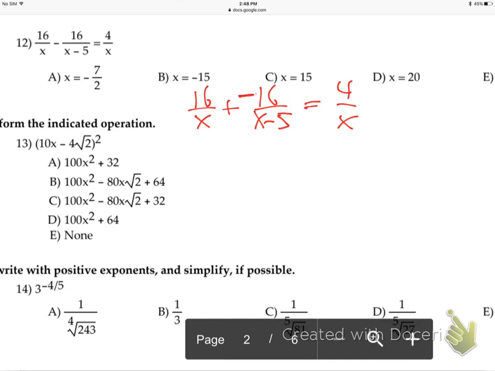Never subtract, multiply through by the common denominator. What is the common denominator? X minus 5. Is that good? Multiply through by the common denominator, x minus 5, all the way across the top.